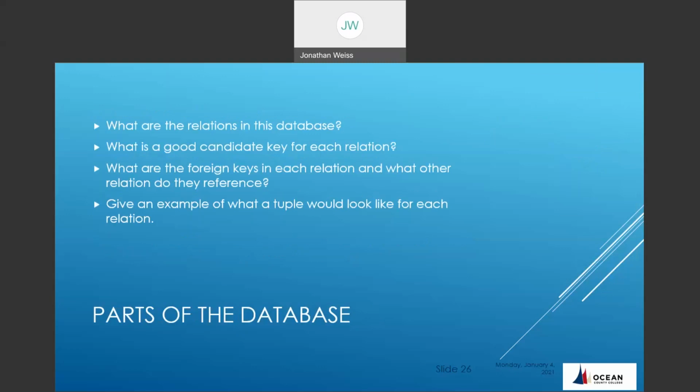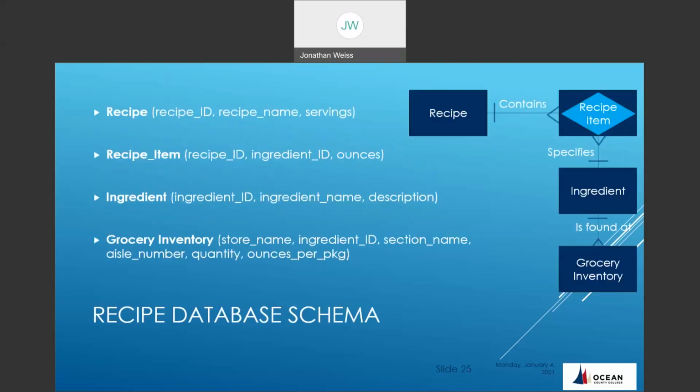Second question. What is a good candidate key for each of these relations? What field or fields, what attribute or attributes for relations would uniquely identify a tuple or record in this relation? That's question number two.